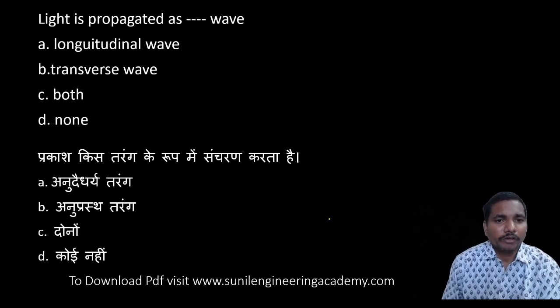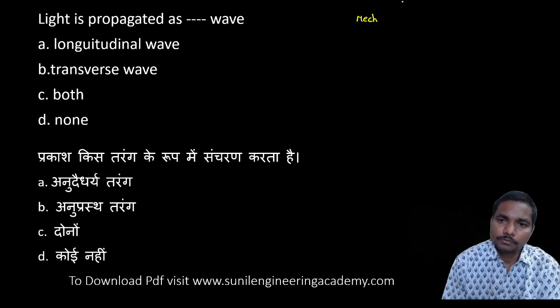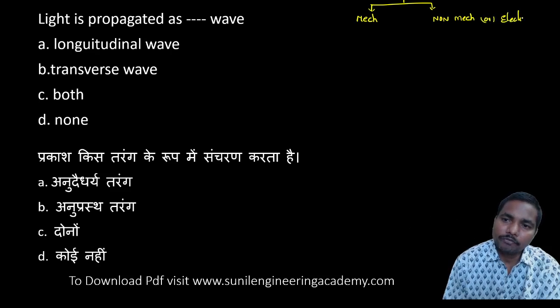We know very well waves are two types. In those two types, one is a mechanical wave. Another one is non-mechanical, which we can also consider as electromagnetic wave. These mechanical waves are again two types.